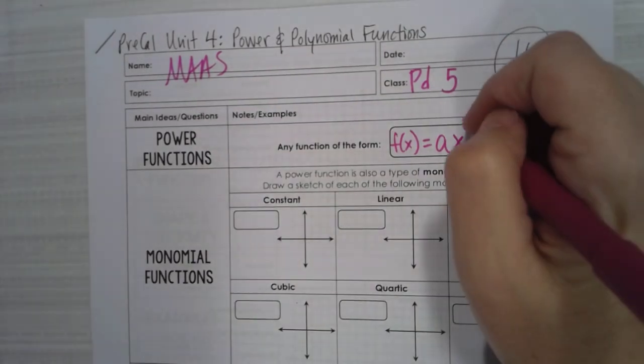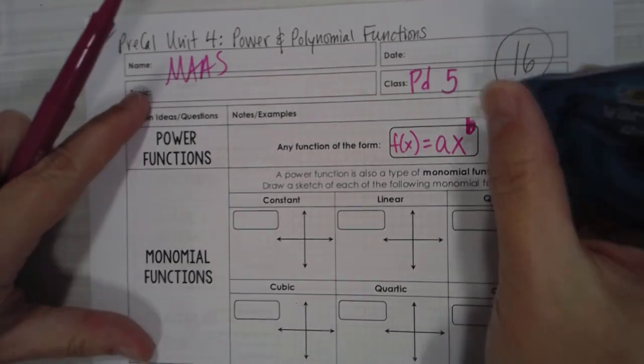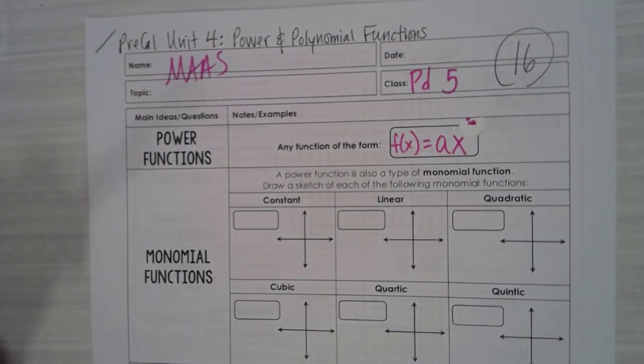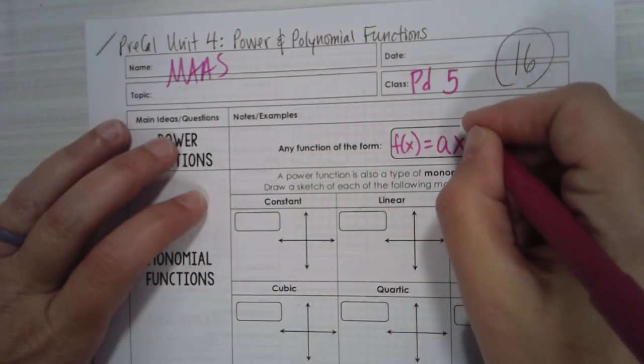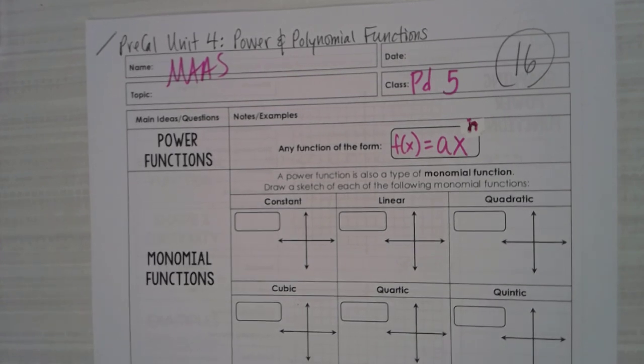Oh, actually they use an n instead of a b. That's an n. Can you tell that's an n? We're gonna make it an n. Okay, so anything to the n power.